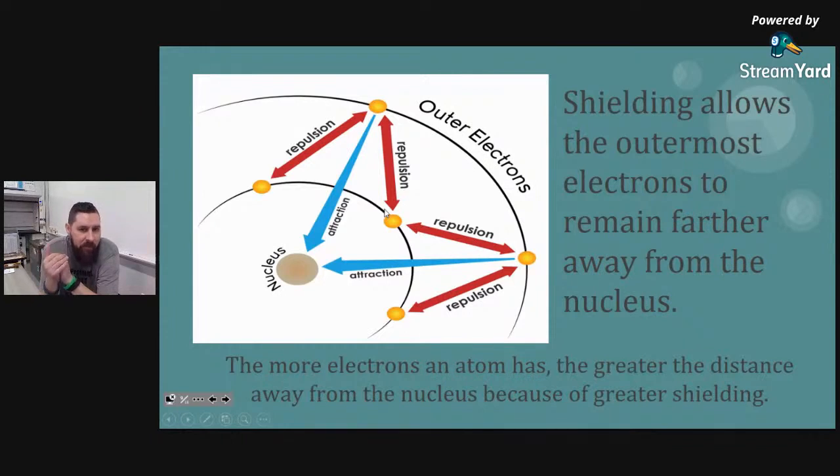The other key thing with this is that the more electrons an atom has, the greater distance away from the nucleus those electrons are going to be. Because if I add another layer of electrons out here, where I'm pointing my cursor, now not only does the nucleus have a further distance in which to have an attractive force, which again, going back to Coulomb's law, as radius increases, force of attraction is naturally going to decrease.